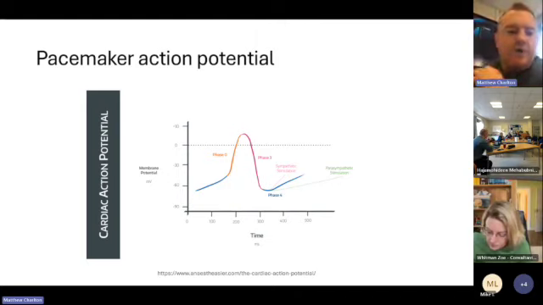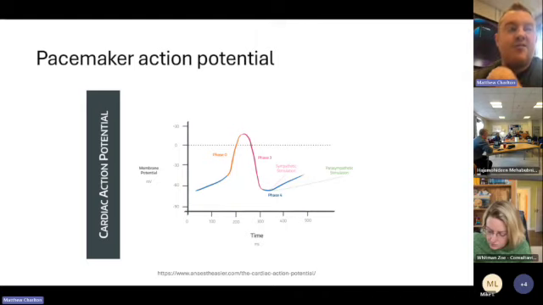In terms of that upslope, what happens in phase 4 is that at around minus 50 millivolts, you get opening of one type of calcium channel, the T-type calcium channels, which are transient. Then when you get to about minus 40 millivolts, as it's constantly depolarizing, you get opening of the L-type calcium channels, which causes further depolarization. That leads us on to phase 0, where the line changes from blue to orange.